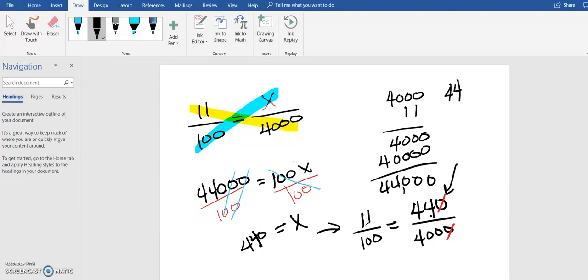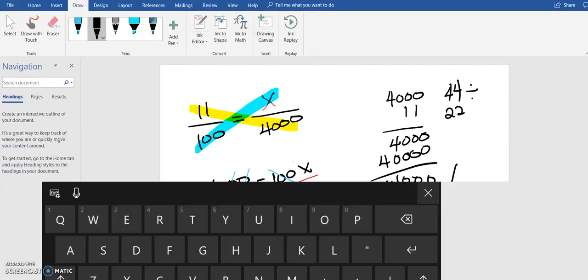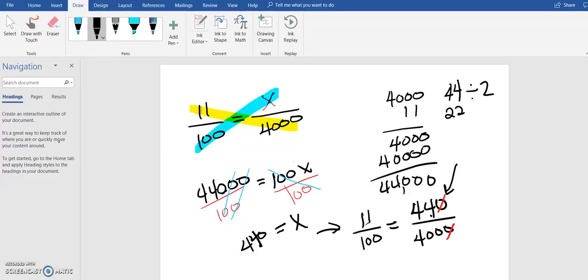So let's see. We know that 44 is divisible by 2, right? That would give me 22 if I divided that by 2. We know that 22 is divisible by 2, and that would give me 11, right? Well, notice what's happening here. 44 becomes 11. What do we think 400 is going to become? If I had 400 and I divided that by 2, that's going to give me 200.